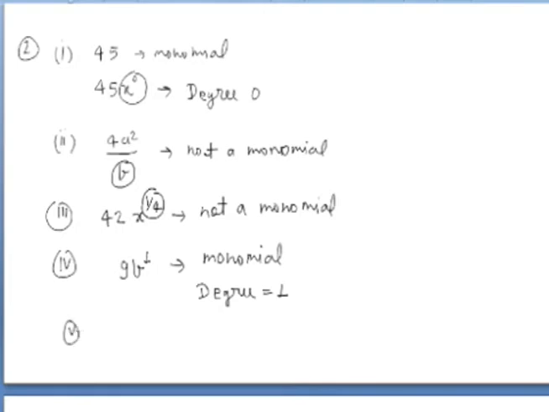And fifth, 1 by 8 p q. Okay, this is a monomial. And what is the degree? The degree of this term will be the sum of the degrees of p and q. So the degree is 2.